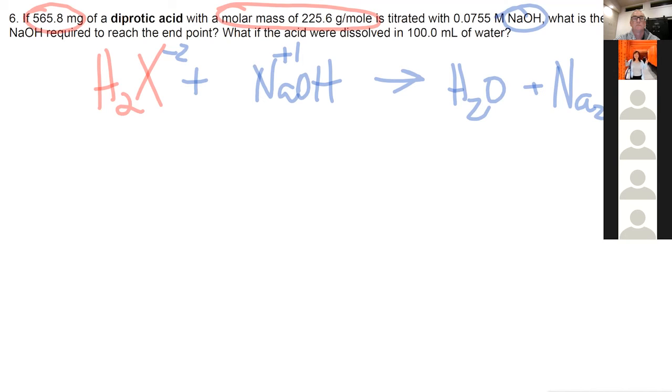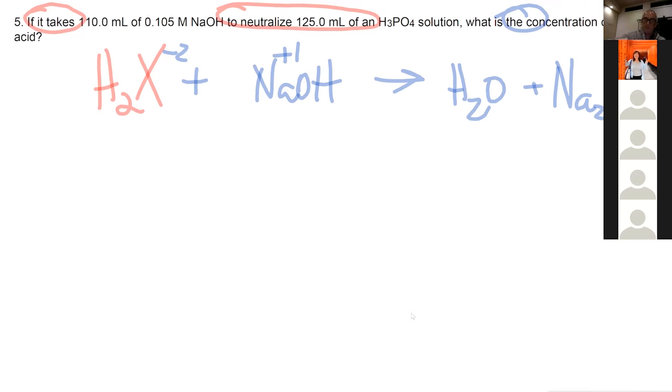You need to place 2 in front of the sodium hydroxide, and then 2 in front of water. So we need 2 moles, because it's diprotic, it means it has 2 protons. That means I'm going to need twice as much base. I need 2 moles of base for every 1 mole of this acid.